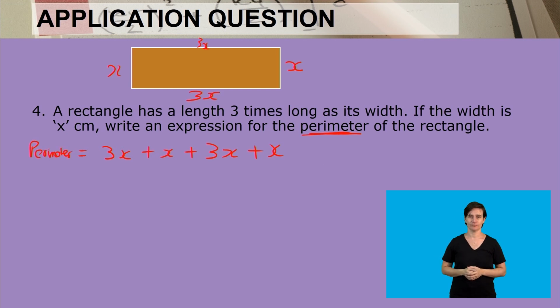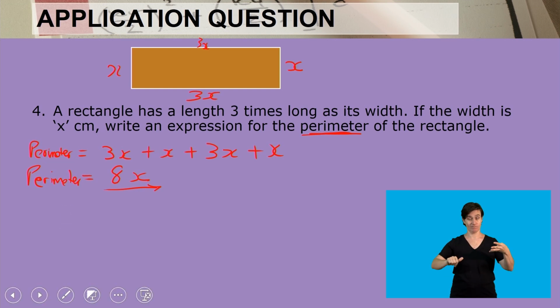Let's add those. 3x plus x plus 3x plus x, so it's 3 plus 1 plus 3 plus 1, which is 8x. So our perimeter there is 8x. And that's how we conclude that one. Let's move on to the next one.